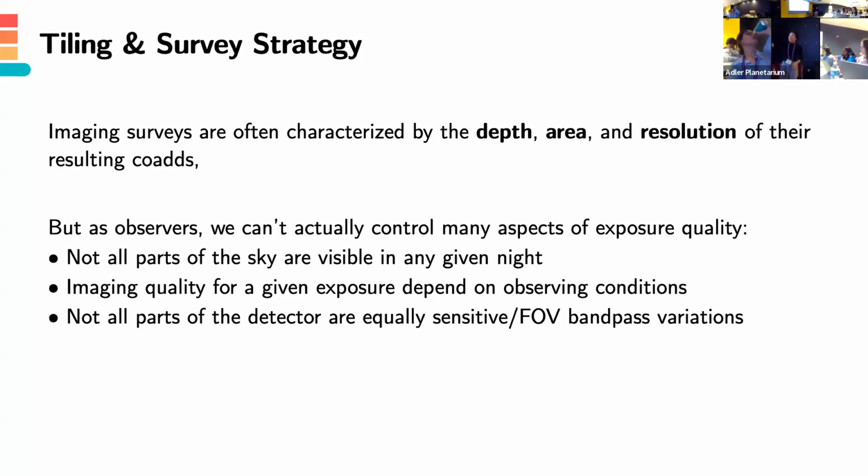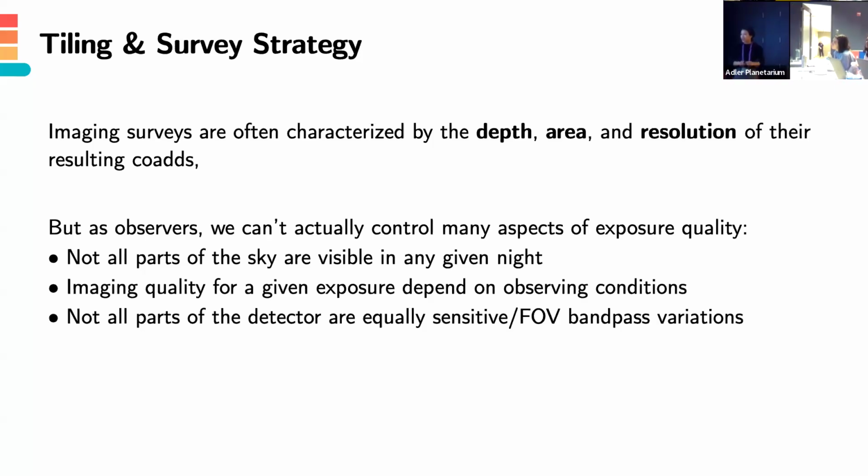The imaging quality for a given exposure depends on observing conditions. So if you only have 4 exposures that go into a stack, and let's say that one of your 4 exposures has terrible seeing, terrible transparency, it's much less deep than the others. At what point do you as a survey decide to go back to re-image that exposure versus move on and try to cover as much area as possible?